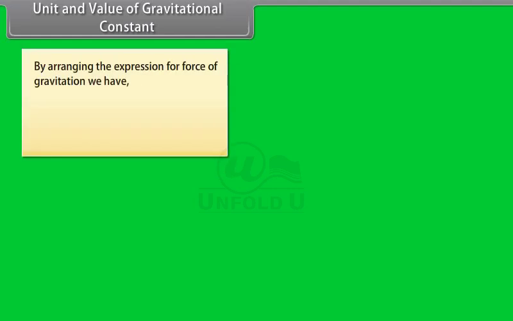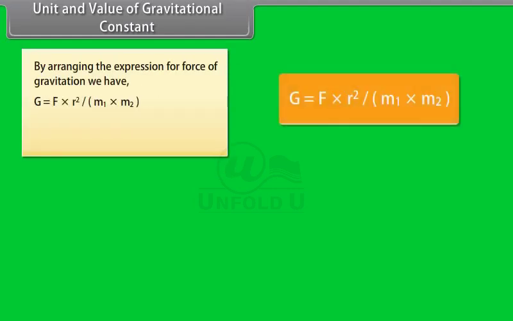Unit and value of gravitational constant. By rearranging the expression for the force of gravitation, we have G = F r² / (m1 m2). The SI unit is Newton meter square per kilogram square, or N m²/kg².